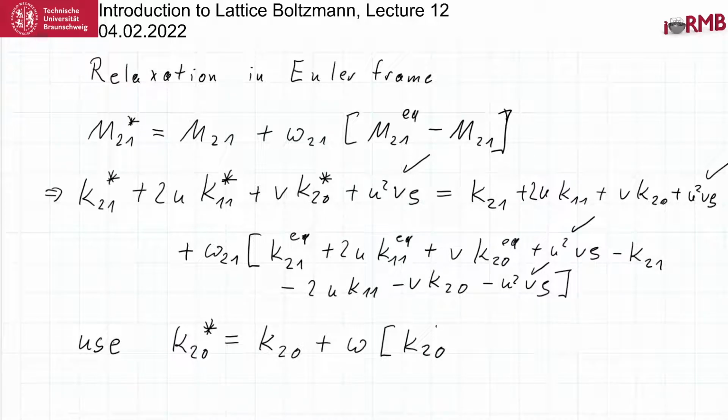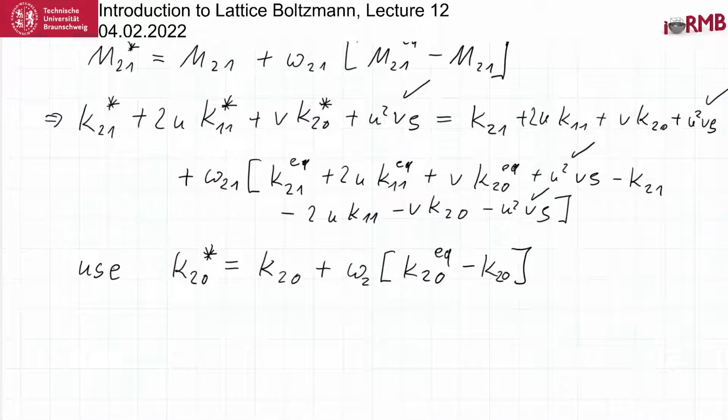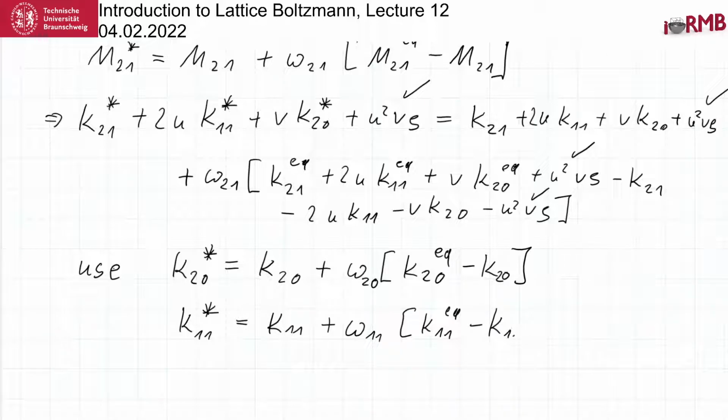So I write the collision here in central moments because this is the same as doing it in raw moments. So this is k20, and we had k11. This is k11 plus omega 11 times k11 equilibrium minus k11 pre-collision.